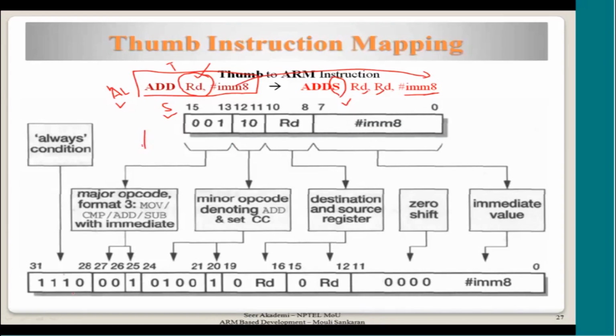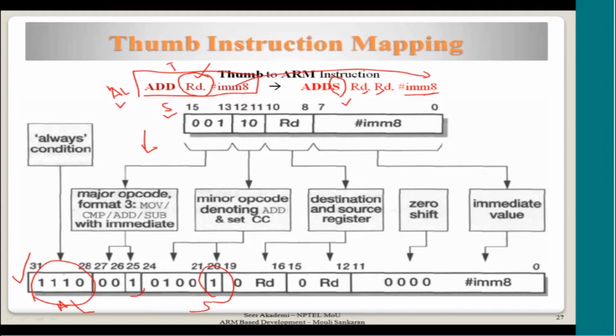That's why when it gets expanded, a 32-bit instruction is generated like this. This is the code for the condition always, so this instruction is always executed. Where is the S bit? It is here. Wait a minute. If I remember correctly, it is here. So the S bit is set, and this instruction as such is going to impact the condition flags. This says it is the immediate operand, because an immediate operand is there.